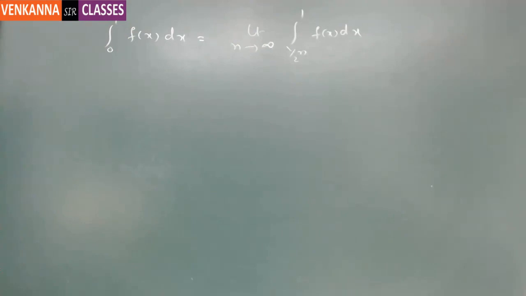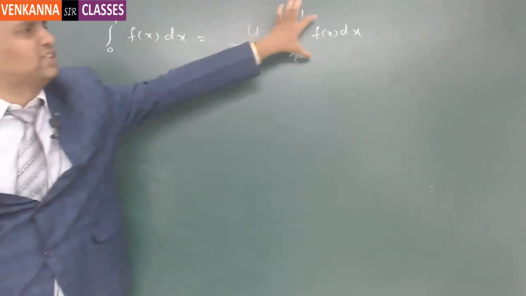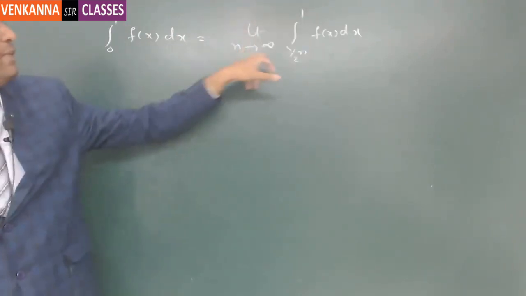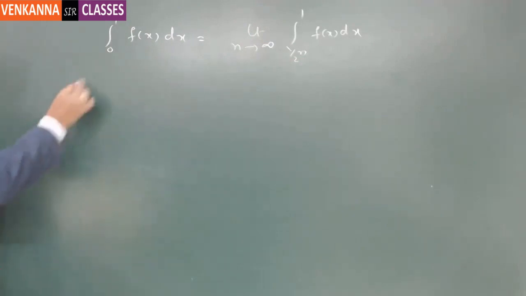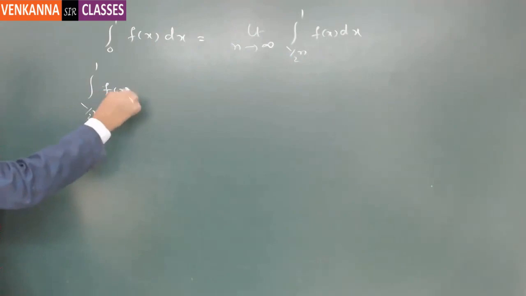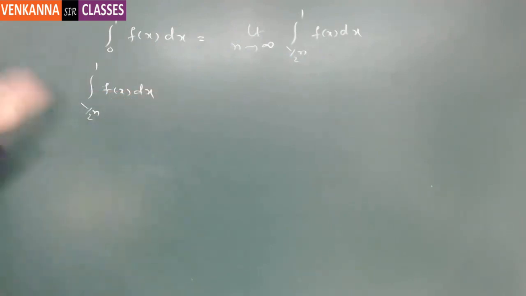Agreed? Yes or no? So I just want to find the integral part of this. Then if I apply the limit as n tends to infinity, I will get the integration value. So my intention is to calculate the integral from 1 by 2 power n to 1 of f of x dx.